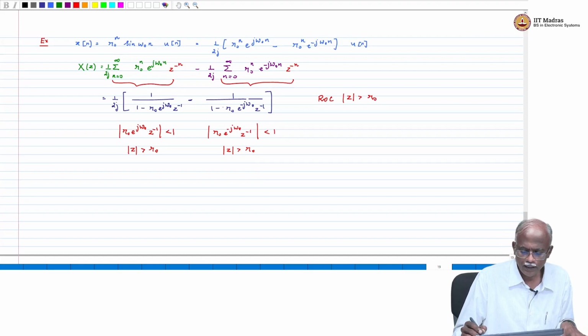Okay. And if you remember, we also did a factorization of this type.